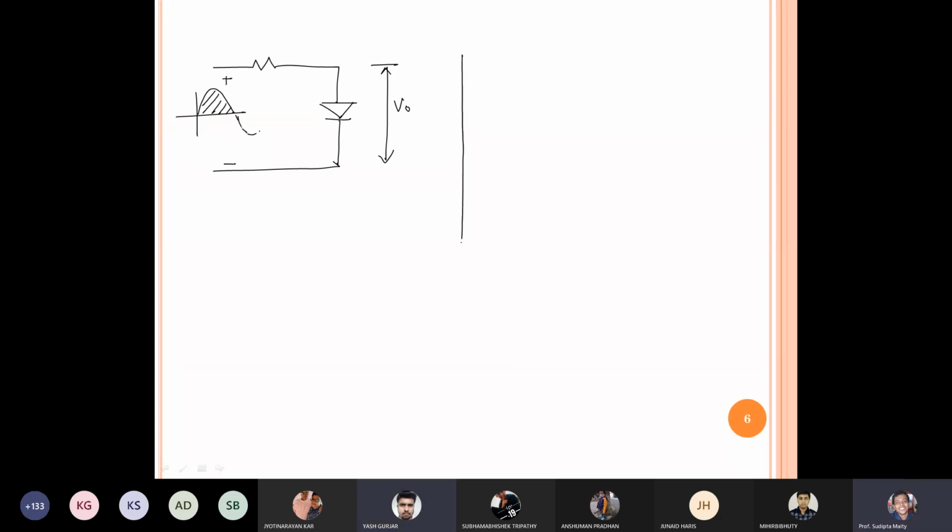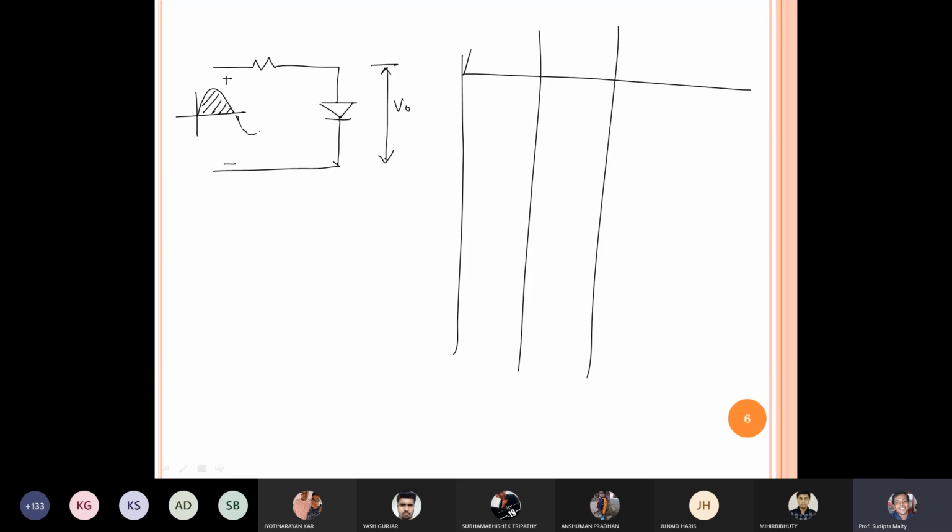So as it is 0, so it is my input Vi. In this case I am drawing V0, here I am writing V01. So it is 0 in this cycle. Is it clear to all? Yes, sir. Okay.